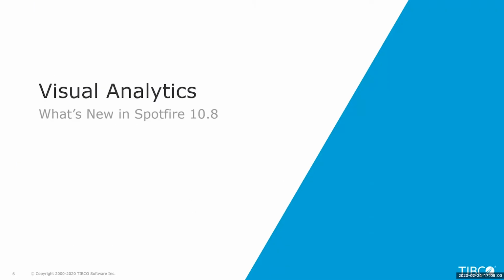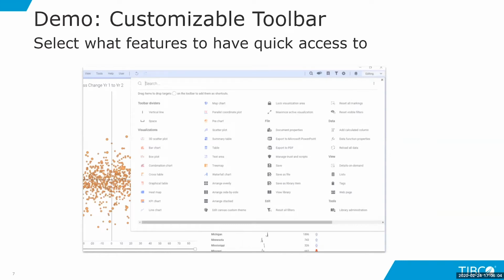But let's now start with the visual analytics features, and the first one I wanted to speak about is the customizable toolbar. So Spotfire 10, as you are probably aware, did not have the same kind of toolbar as was present in Spotfire 7.x and earlier versions, where you have lots of different shortcuts to some of the features in the toolbar.